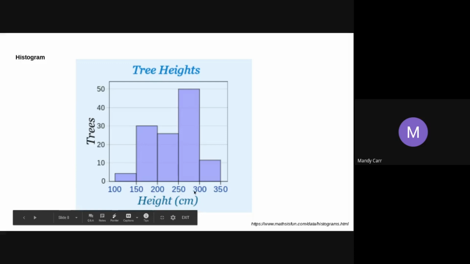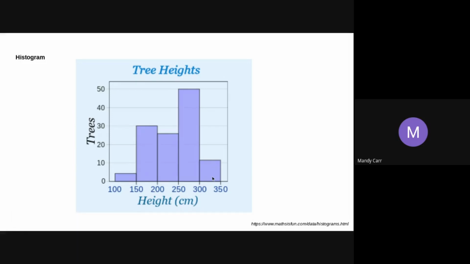Between 250 and 300 centimeters, there were 50 trees in that height range. And then from 300 to 350, it looks like there were 11 trees in that height range. So this is just a better way to show that data because the heights of the trees are not all the same.